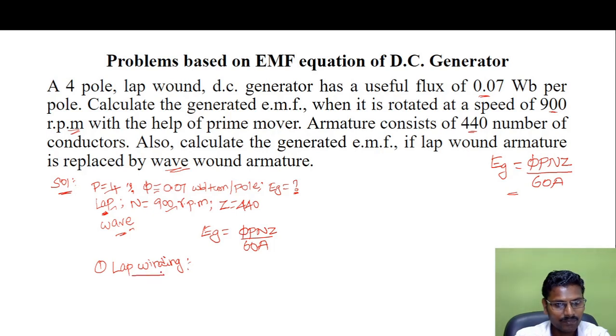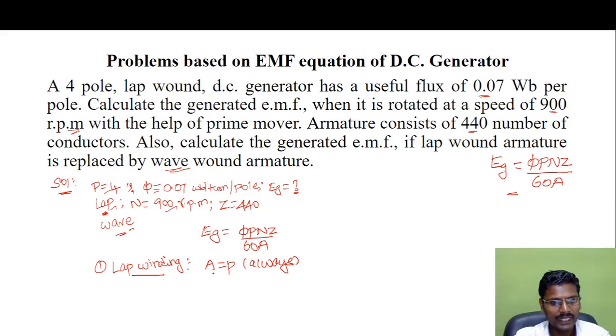For lap winding, the number of parallel paths A is always equal to P. We know this relation from the EMF equation of the generator.